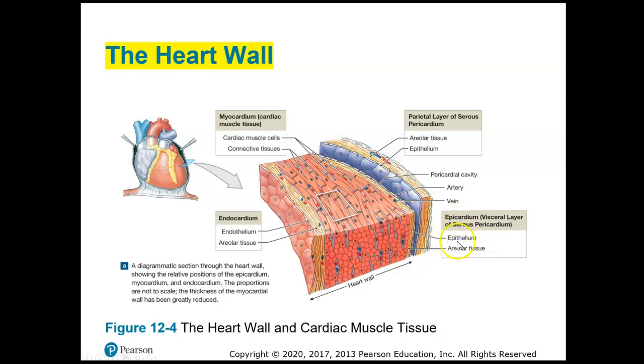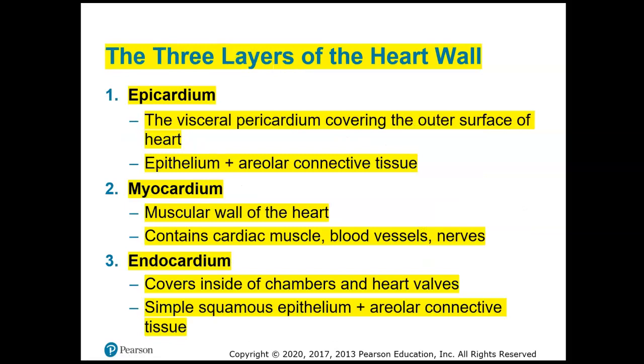It's composed of epithelial tissue and areolar tissue. Then you have the myocardium, which is primarily cardiac muscle tissue. And then you have the endocardium, which is the lining of the inside of the heart, and that's composed of simple squamous epithelial tissue and areolar tissue. Okay, and that's in these notes as well.